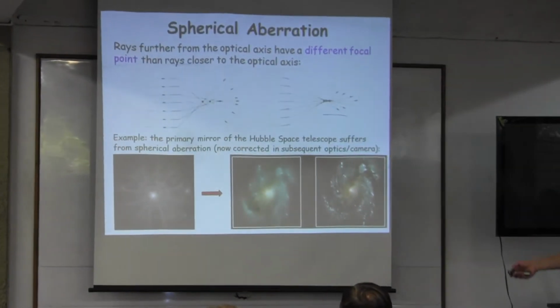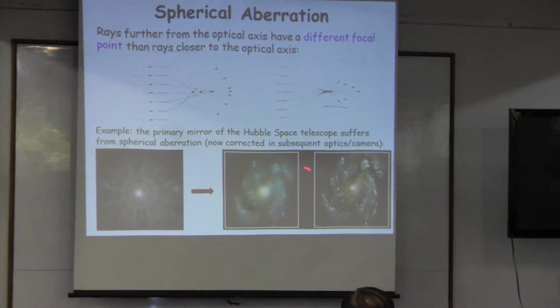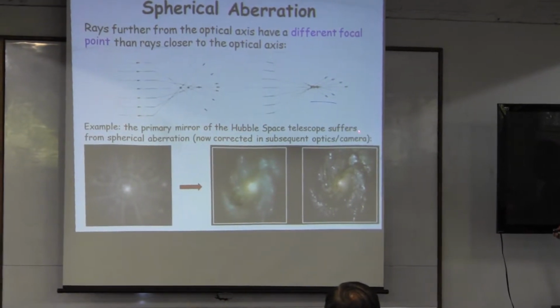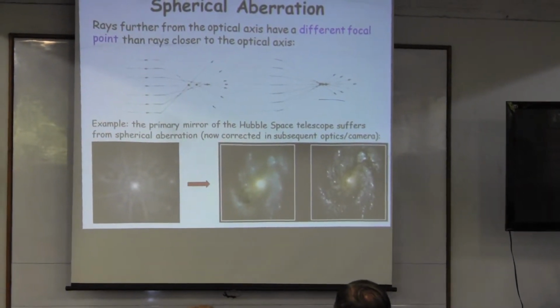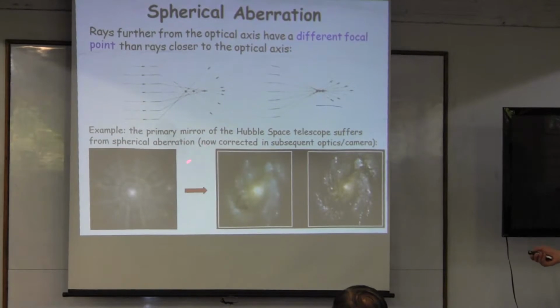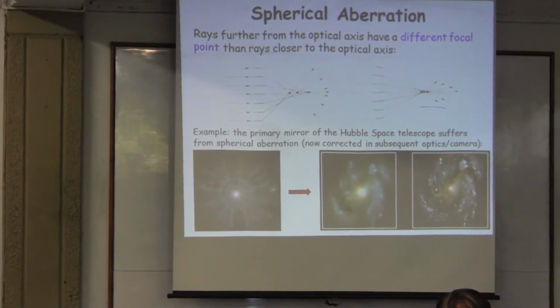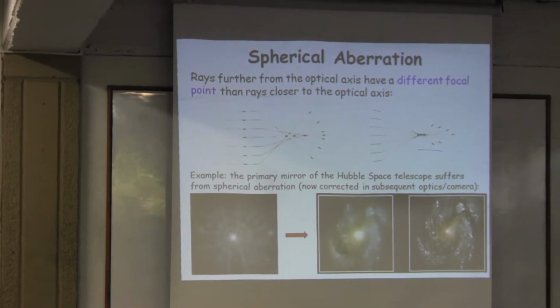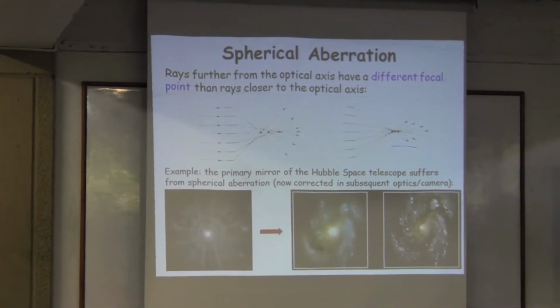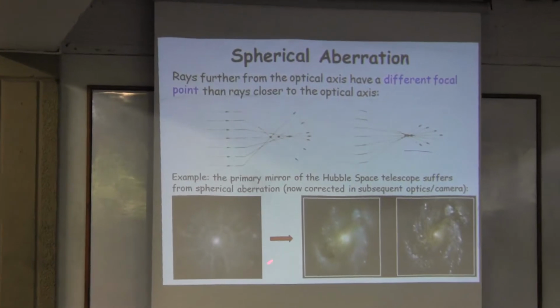The most famous example of spherical aberration is the Hubble Space Telescope. When people launched it, everything looked to be fine. It had been tested many, many times and had superb image quality. Then they looked at the first star, and the first star looked like that.